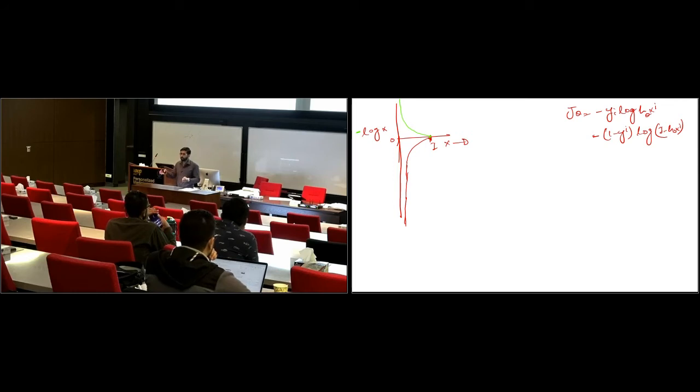So let's say yi is equal to 1. Then this term is active, and the loss is just negative log of h theta of xi. You can see that the loss is very high for h of theta equal to 0. So if yi is equal to 1, you want h of xi to be close to 1 as well, because h of xi is telling you the probability that for that x, the output label is 1.